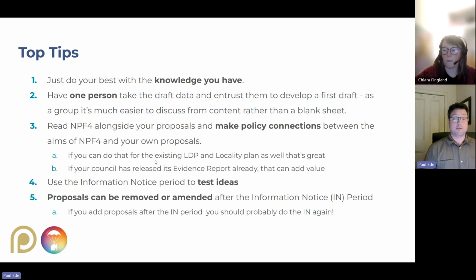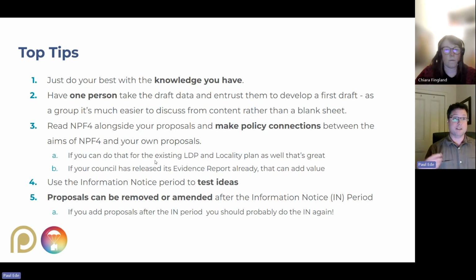And if it's really clear during the information notice period, when you get the data back, that a particular proposal just isn't acceptable or it's just too hot potato, after the information notice period, you just pull it from the plan before you finally submit, or you amend it to meet the needs of everyone that's commented. So you can actually use your information notice period to test ideas because it's not the final point.